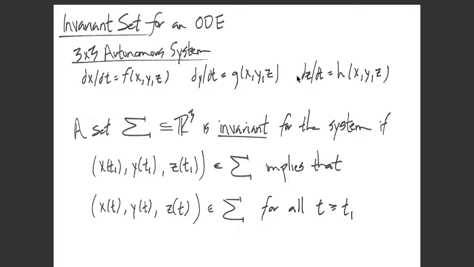So suppose we've got a 3x3 system of ODEs. So the solution trajectory, the XYZ curve that's traced out, will live in 3 space, R3.